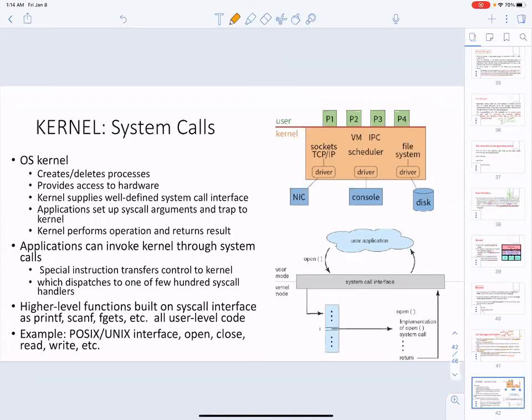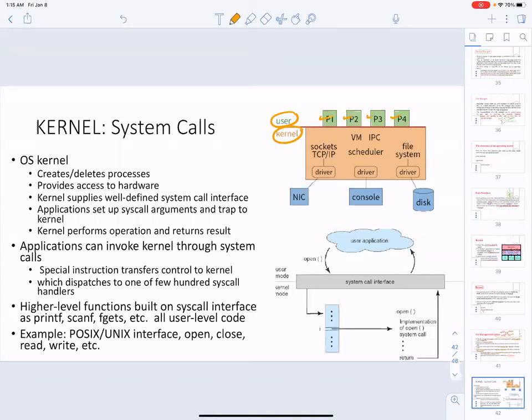A system call is a call provided by the kernel that is responsible for translating the high level instructions given by the user into a system call that would be executed by the kernel to have direct access to the hardware. So there are two levels that we might consider: a user level and a kernel level. On the user level, we just see processes.